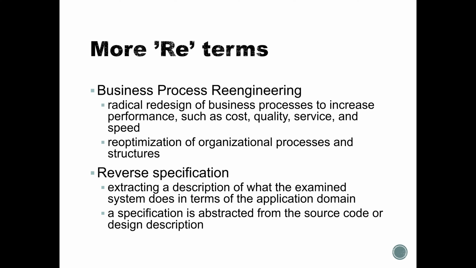Apart from this, the next is reverse specification. In reverse specification, basically we want to extract a description of what the system performs. So the basic idea is you want to extract the information that a particular software performs. The second is the specification. The specification is abstracted from the source code or design description.